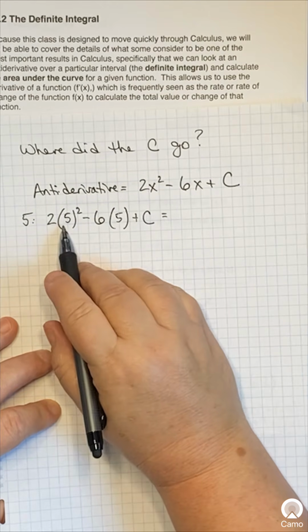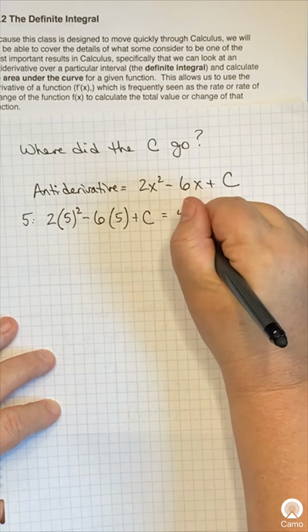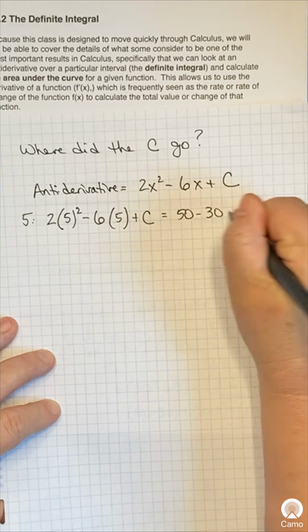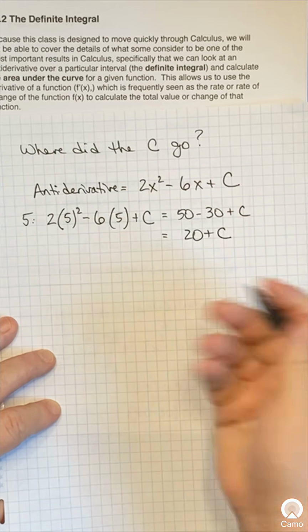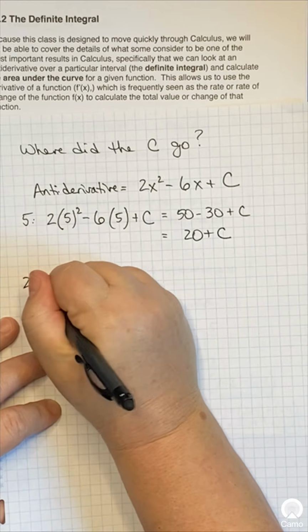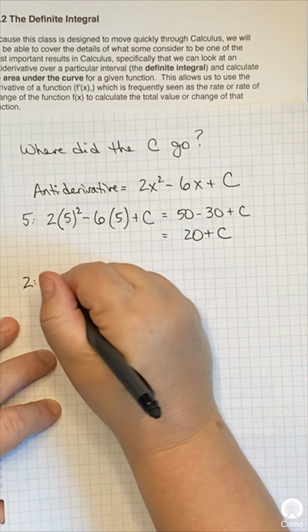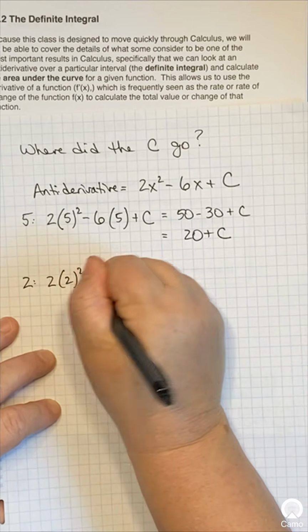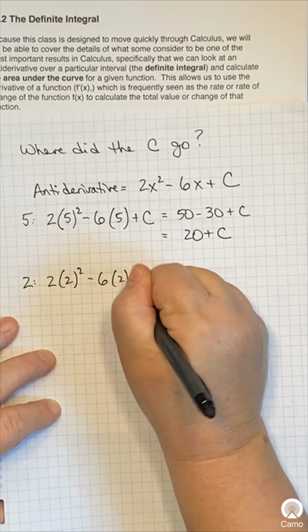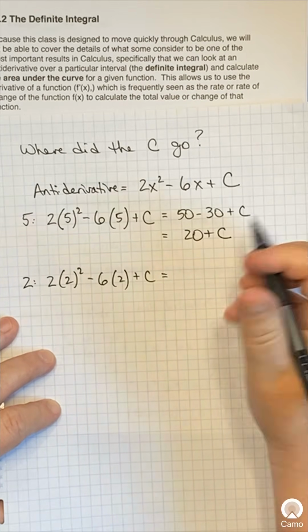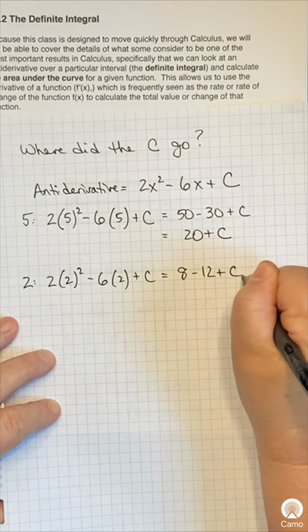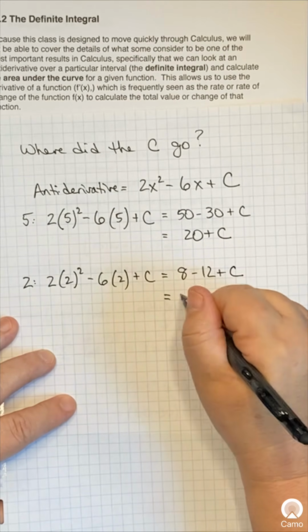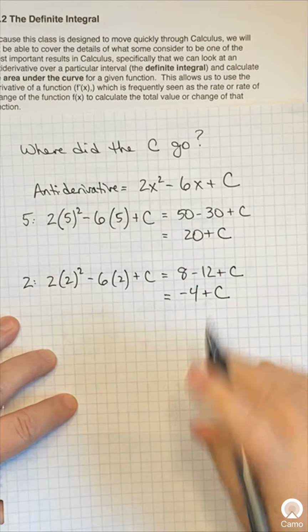So that's going to be 2 times 25, which is 50, minus 30 plus c, which equals 20 plus c. So far, so good. Then at 2, 2 times 2 squared minus 6 times 2 plus c. So that's 2 times 4, that's 8 minus 12 plus c. So that's negative 4 plus c.